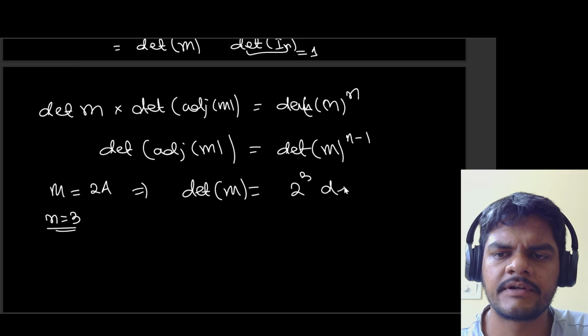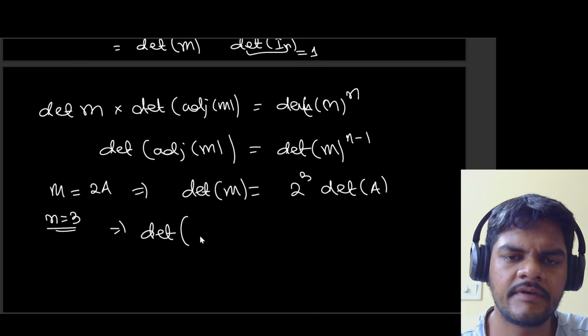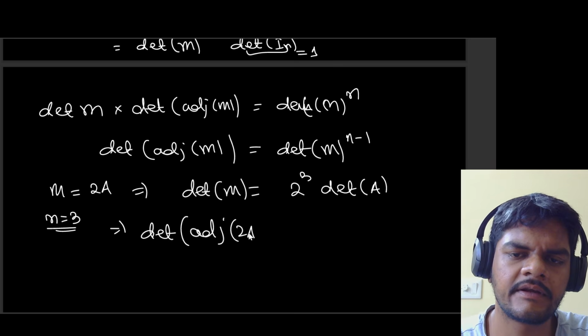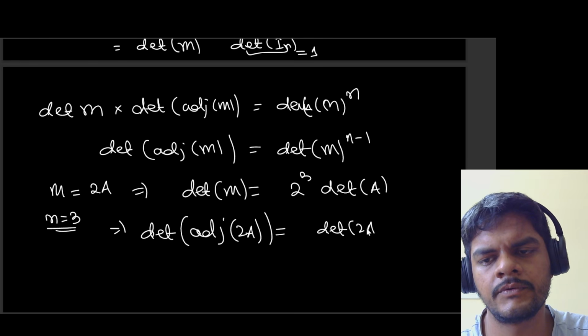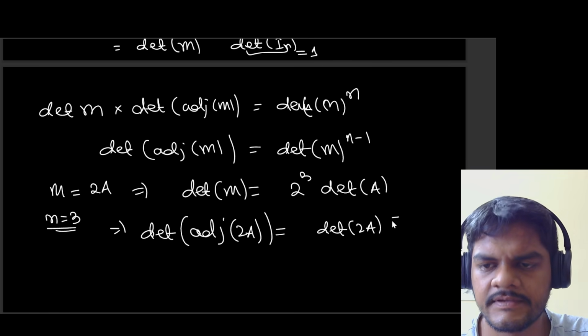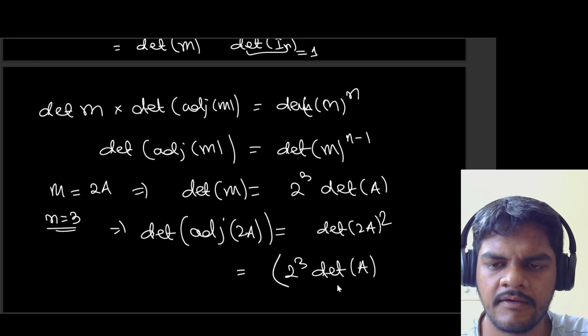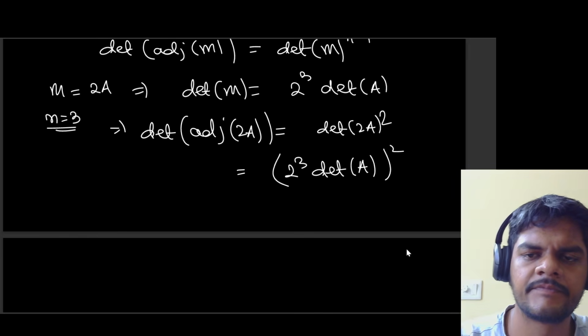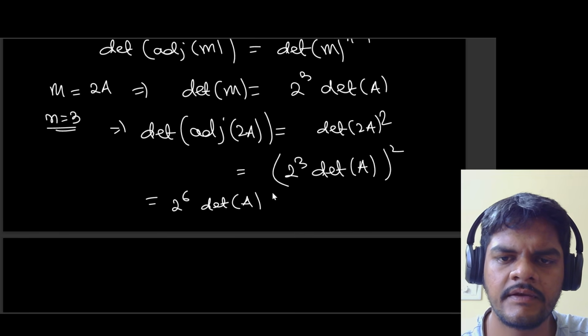That will imply determinant of adjoint of 2A is equal to determinant of 2A power n minus 1, which is 3 minus 1, which is 2 basically. And that is equal to 2 cube into determinant of A whole square. So that will be equal to 2 power 6 determinant of A square.